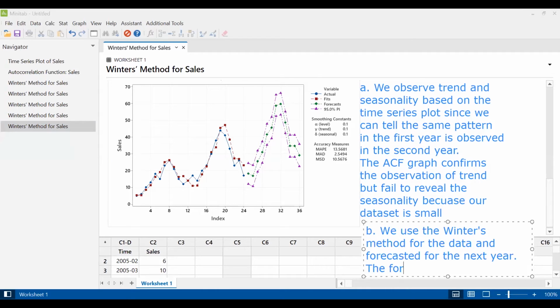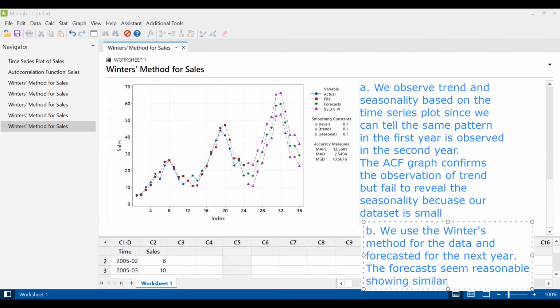The forecasts seem reasonable, showing similar seasonal patterns and overall higher sales than previous years in the same season, in the same month.